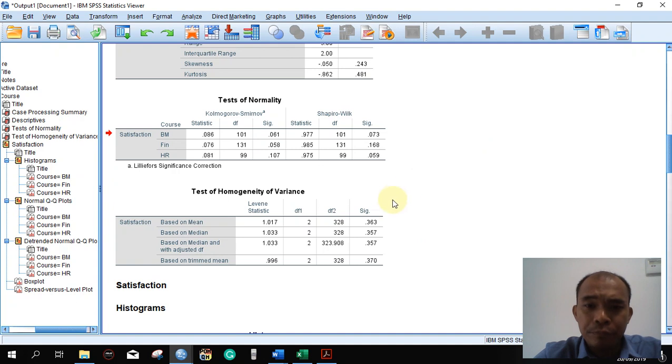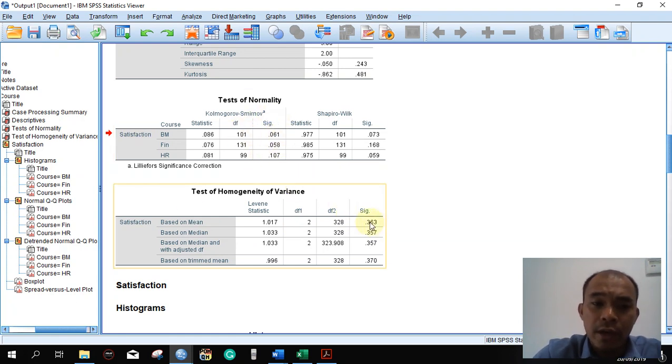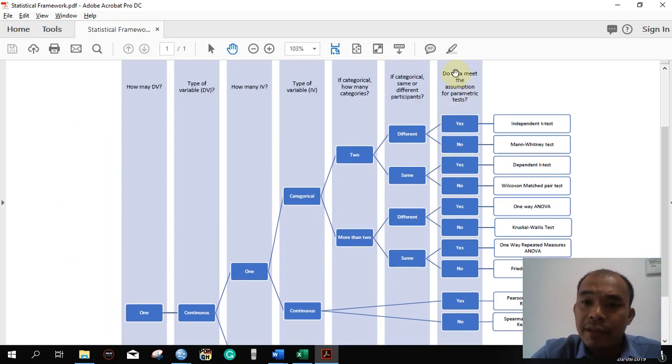Okay, so this is good since this value is greater than 0.05. So for parametric, good, and for the homogeneity of variance, good. So if we go back to our framework here, the data meet the assumption for parametric test.